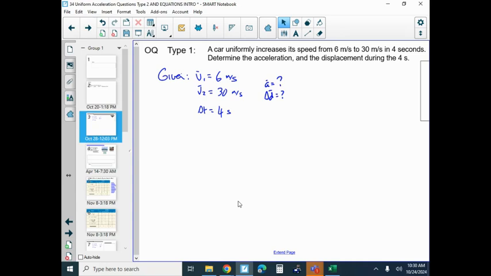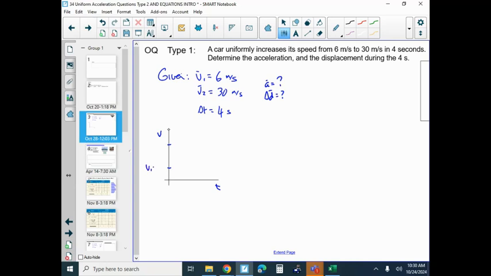So I'm going to do a VT graph, of course. We're using the VT graph method for now. We're starting with a velocity of 6 and ending up at 30.